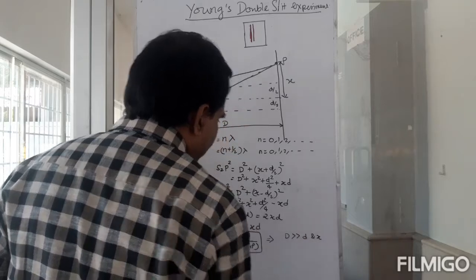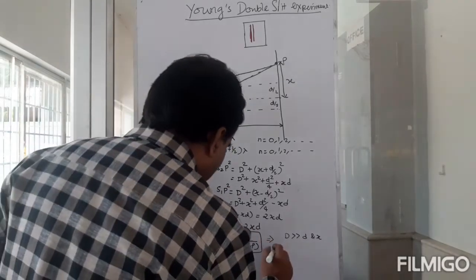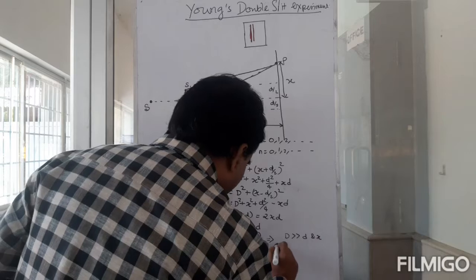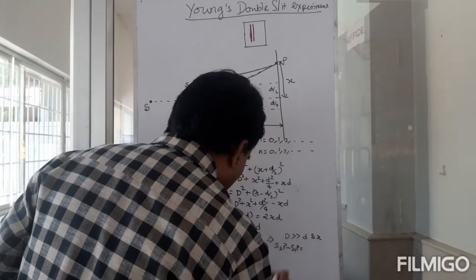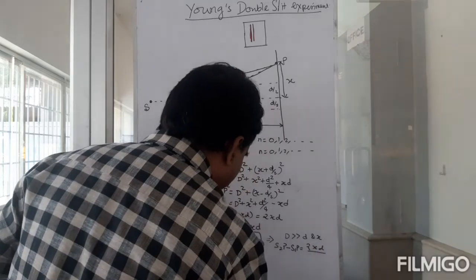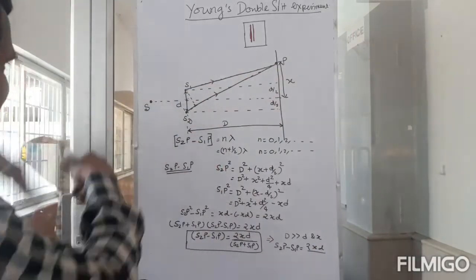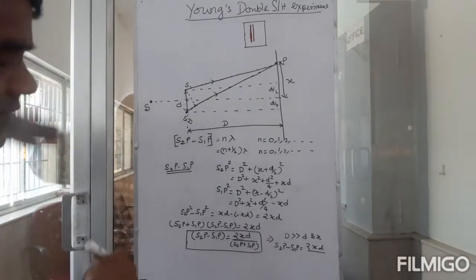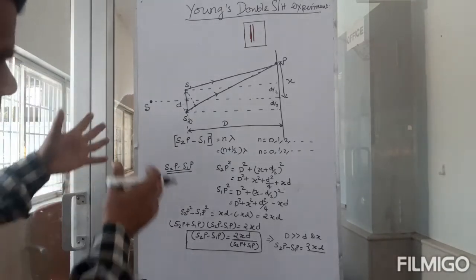what happens here is that S2P minus S1P is equal to 2xd by S2P plus S1P. S2P can be taken as D itself, and S1P can also be taken as capital D itself.